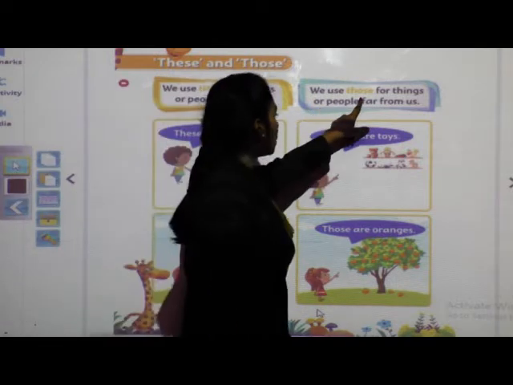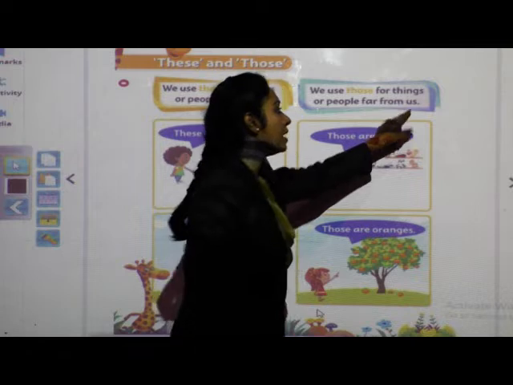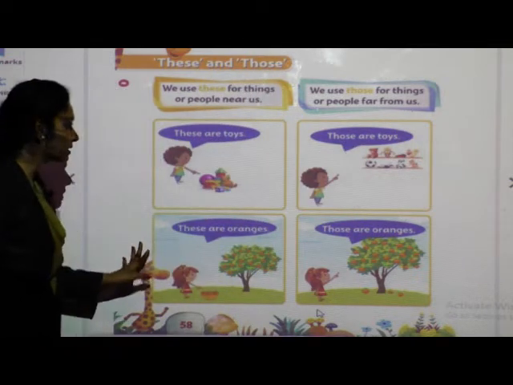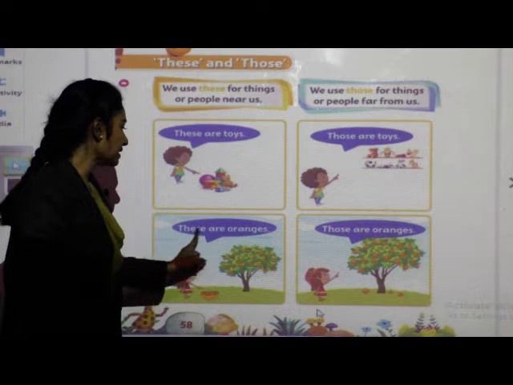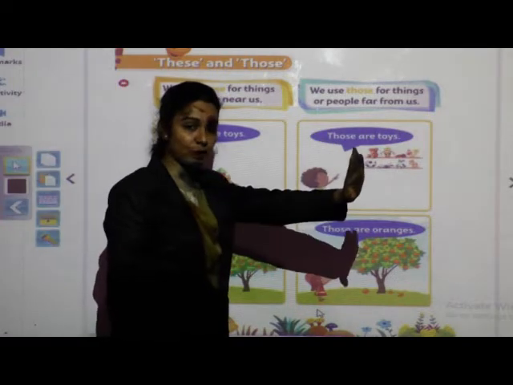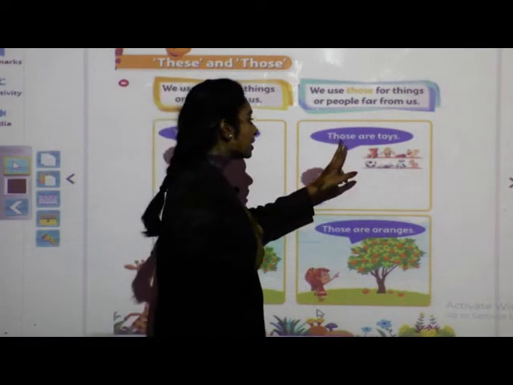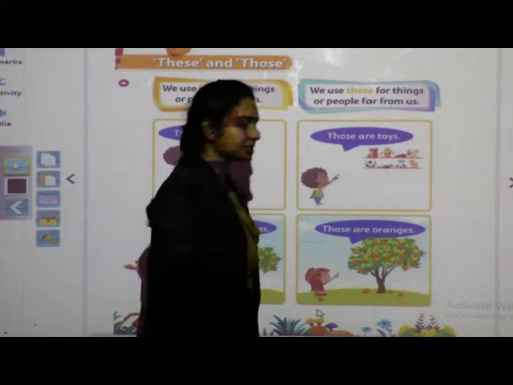We use those for things or people far from us. These are the examples. These are toys. Can you see? These are oranges. When things are far from us, that time we should use those. Those are toys. Those are oranges.